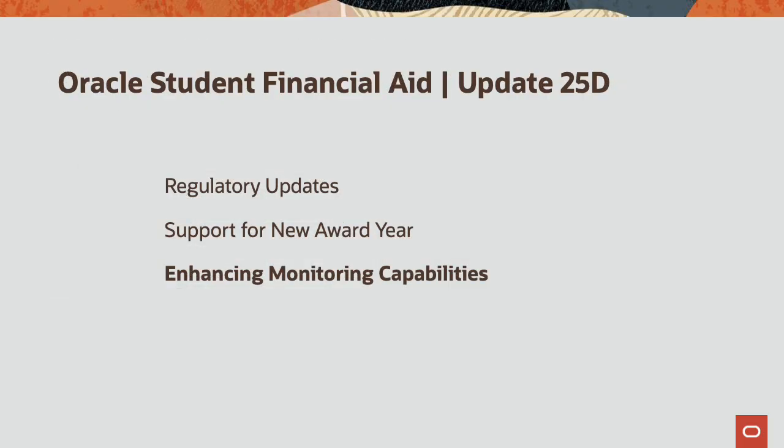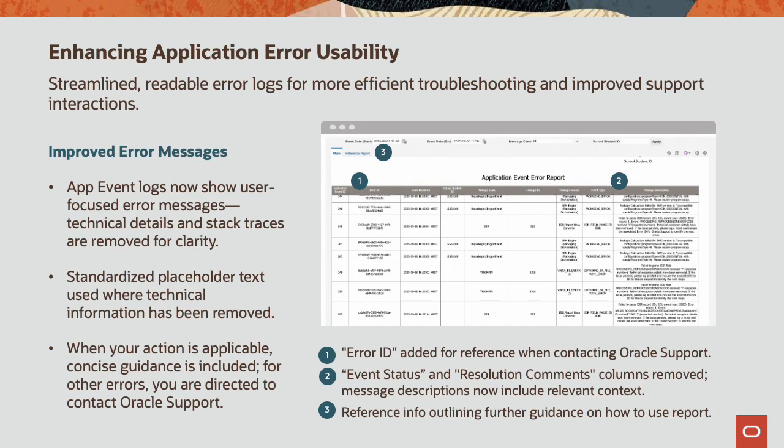Lastly, we'll look at how we've enhanced your monitoring capabilities to more efficiently leverage captured application errors. Application event logs now display error messages that retain actionable user-relevant information while omitting internal system details such as stack traces, implementation references, and redundant data already present in report fields.